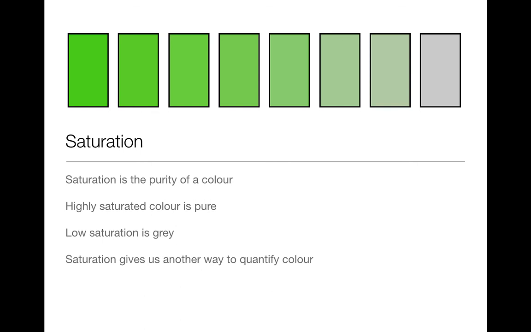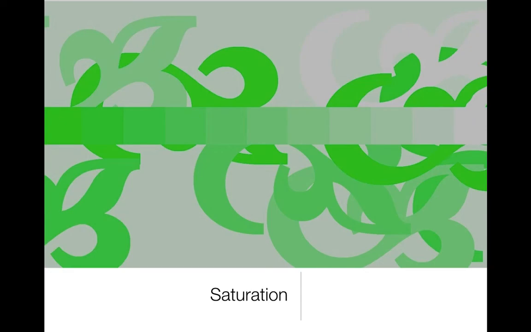So you have hue and we have saturation. Hue is the shade of the colour, where it fits on the rainbow scale, and the saturation is how strong it is, how pure it is. So here I'm just tweaking the saturation.